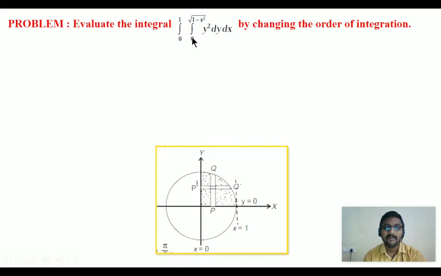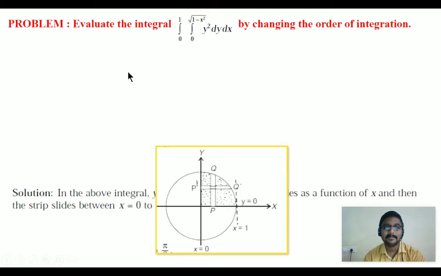Once again, the y limits are y equal to 0, y equal to root of 1 minus x square. Y equal to 0 means the x axis, and y equal to root of 1 minus x square means the circle. X equal to 0 means the y axis, x equal to 1 line is parallel to y axis.